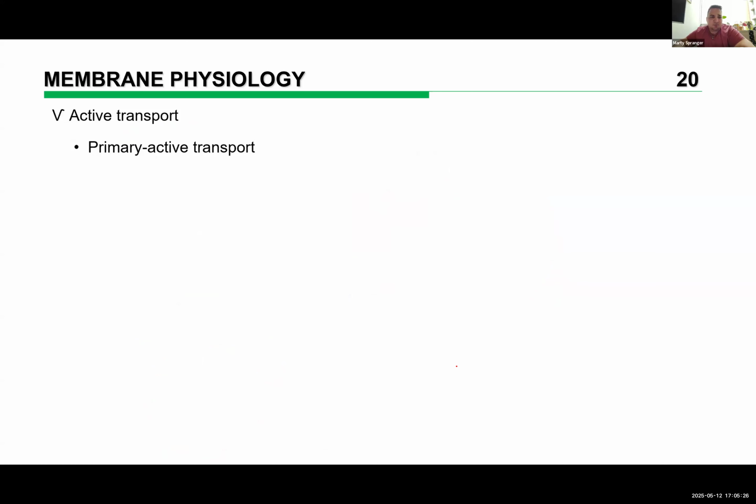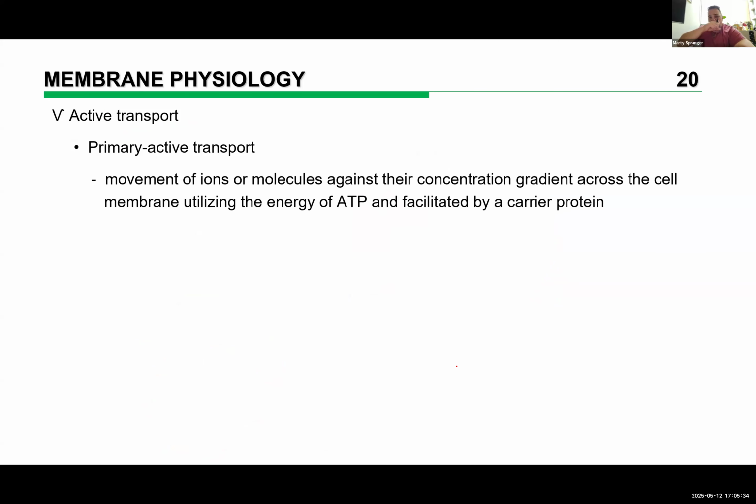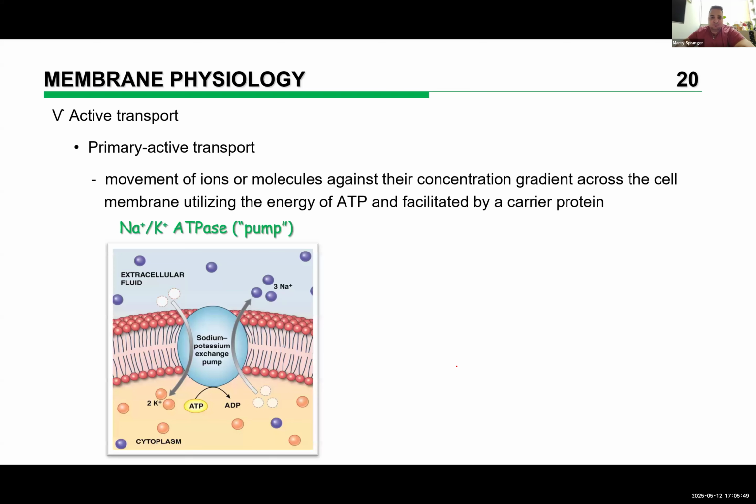All right, active transport. So we're done with passive, we're talking about active. So we're going to look at primary active transport and secondary active transport. Here we have these movements of solutes or ions against their concentration gradient. Again, the pathway is going to be some kind of protein in the membrane, and then the energy source is actually going to be ATP.